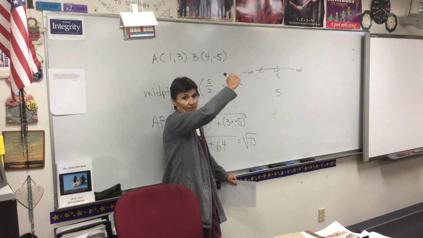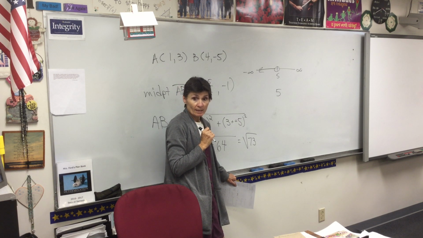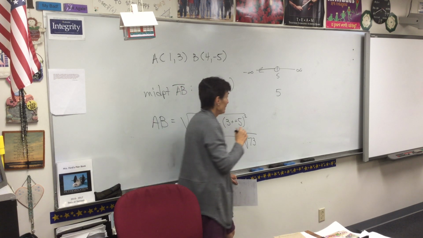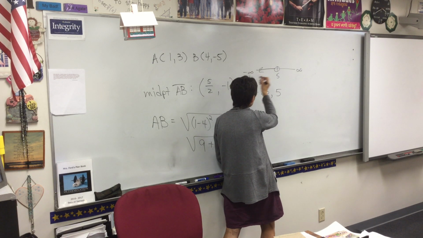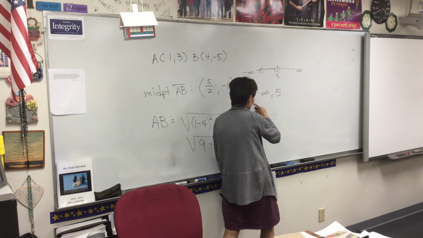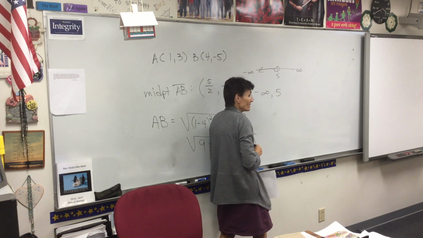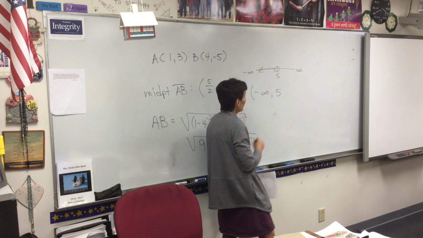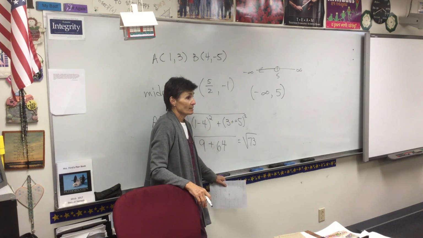Since it's going this way in the shading, we'll use negative infinity. And it has to go on this side of the 5 because on the number line, this is on the left of the 5. Infinities are always open. And in this case, so is the 5 because of the dot.